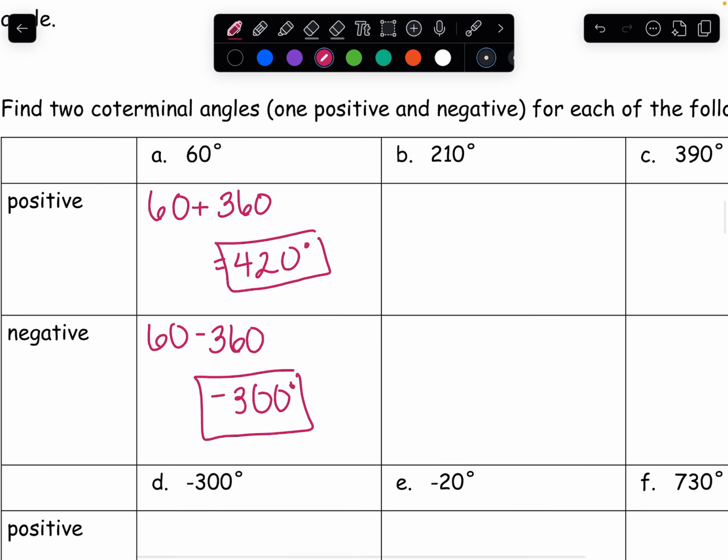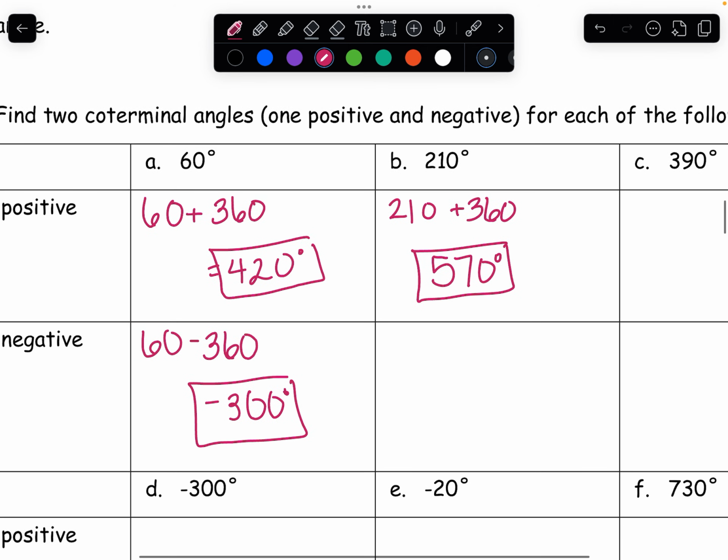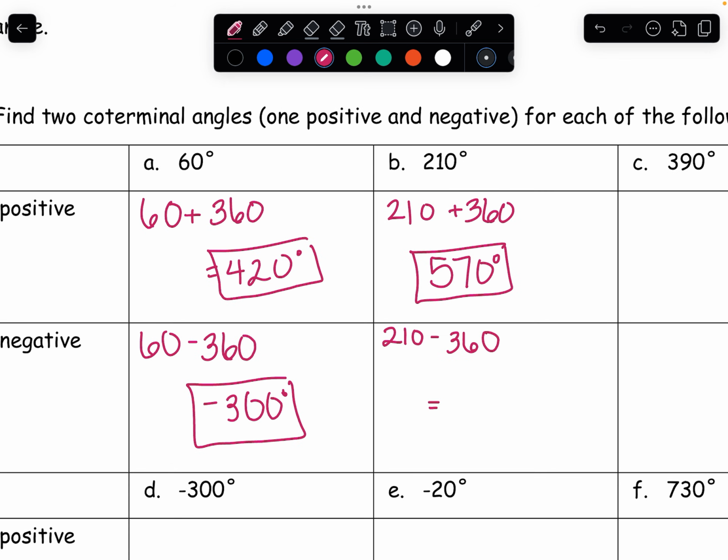Okay, let's look at B. So we have 210 plus 360 degrees. This will give us 570 degrees. Again, don't forget your degree symbol. Now we're going to take that same angle and subtract 360 degrees to get negative 150 degrees.